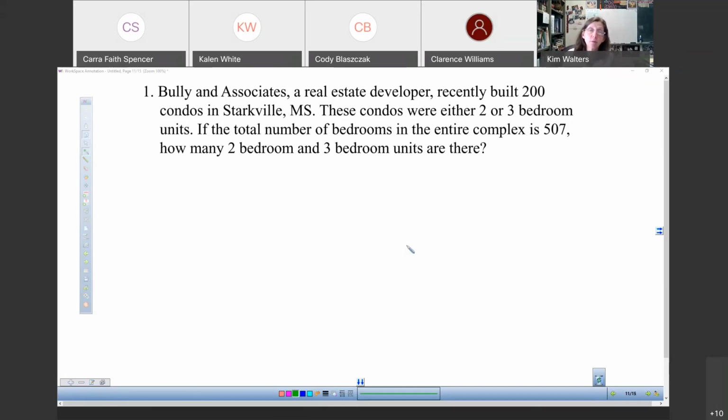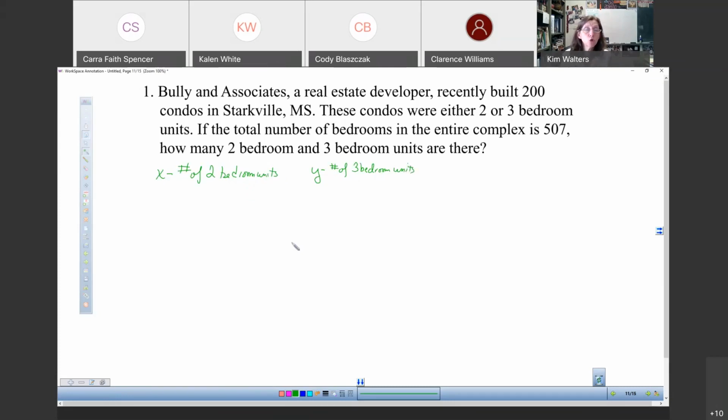So here's what we need to do. Just like when we solved problems before, we need to identify our variables. So we're going to have 2 variables in these problems. I'm going to let X be the number of 2-bedroom units. And I'm going to let Y be the number of 3-bedroom units.